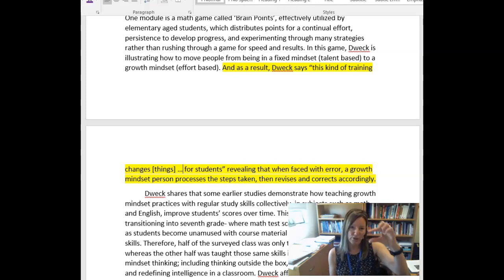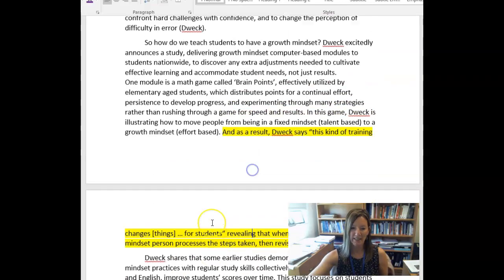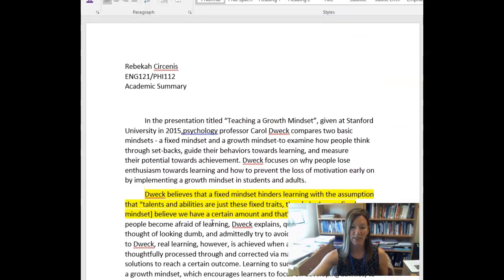Let's say you just want the first half of the sentence and then something that comes way down at the bottom. You don't need to include all those other words just because you want to get to those two pieces. You can leave those other words out and include those 3 ellipses, and that'll let your reader know that something's missing there. So that is how you would use brackets, and that is how you use ellipses to change the quotes.